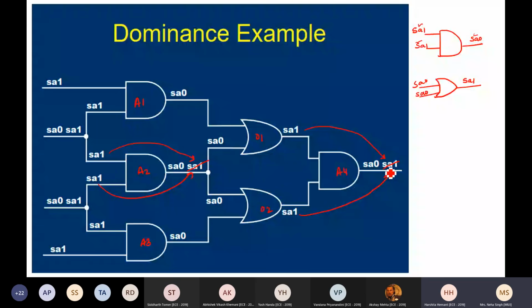ठीक है. So after, what were the total number of possible faults? 32. How many were left after equivalent fault collapsing? कितने थे starting में यहाँ? 1 2 3 4 5 6 7 8 9 10 11 12 13 14 15 16 17 18 19 20.